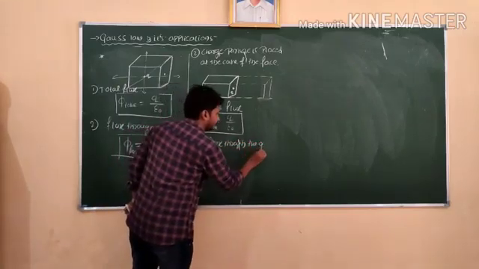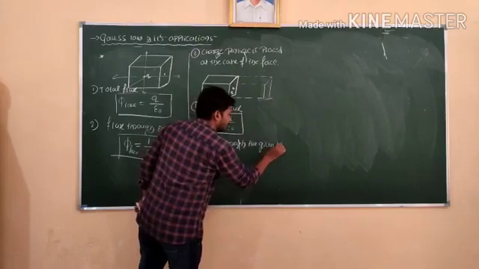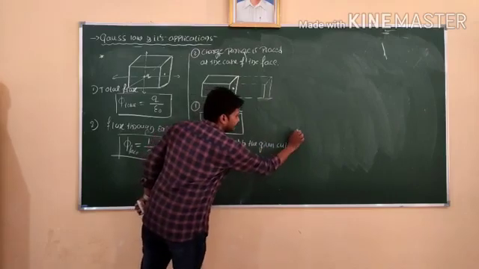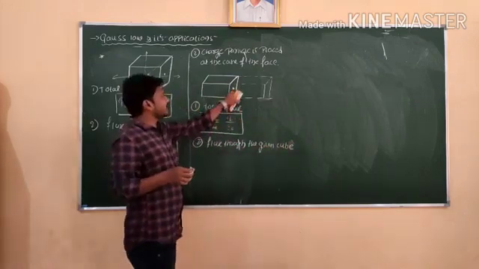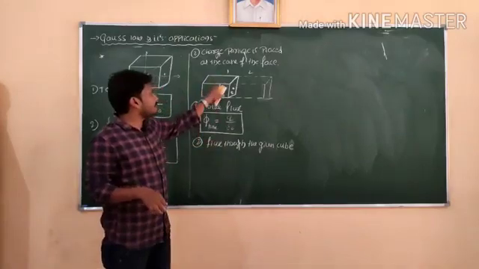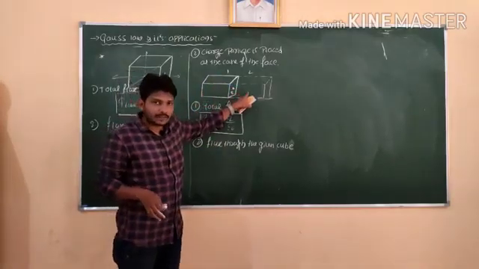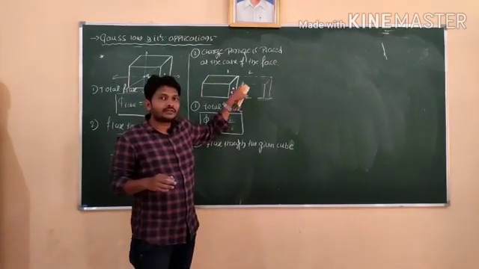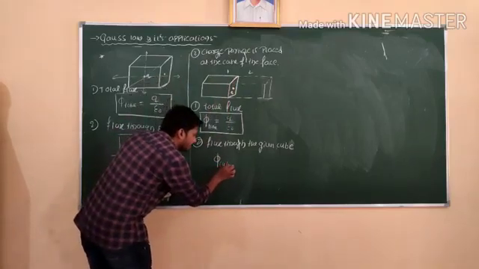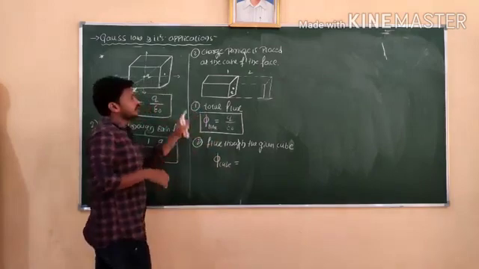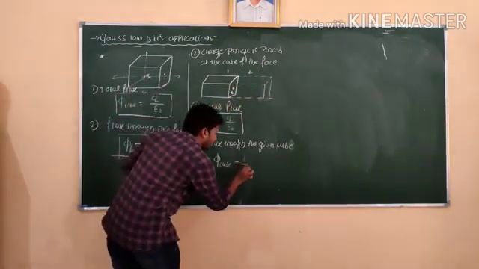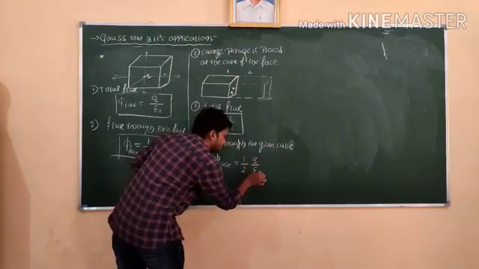How many cubes are present here? In order to make it a closed surface, there are two cubes. Then what is the equation for the flux through the given cube? Since there are two cubes, the flux through the given cube is 1 by 2 Q by epsilon naught.